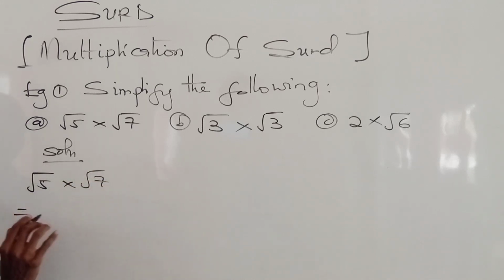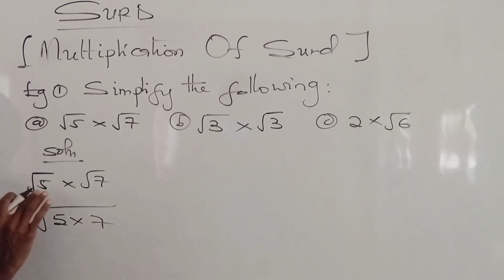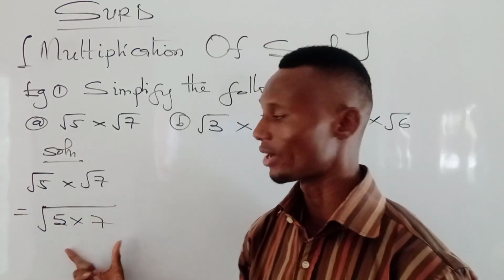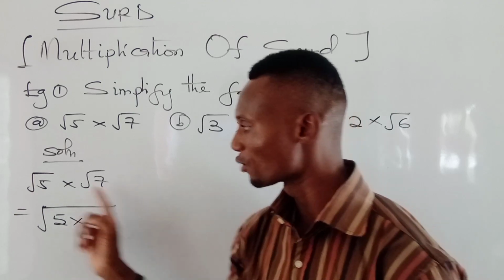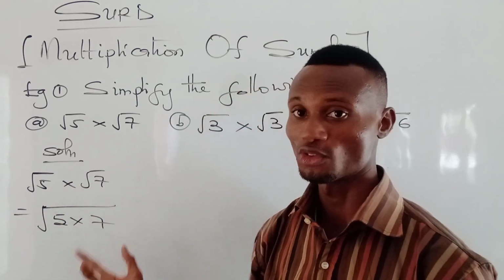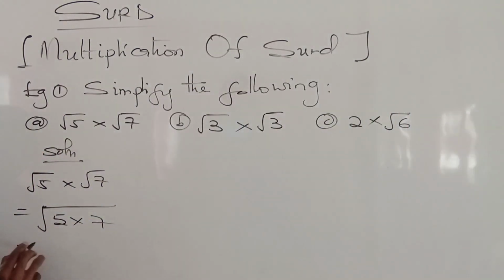To simplify this one, it's going to be square root of 5 times 7. The 5 and the 7 come under one square root sign, because both of them have square root sign and they are multiplying. So that's how you go about it. Now let's simplify further.